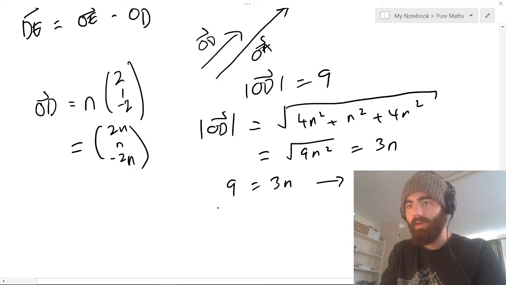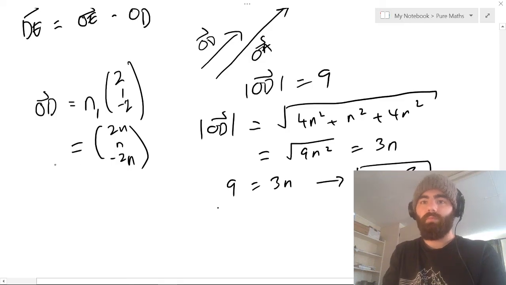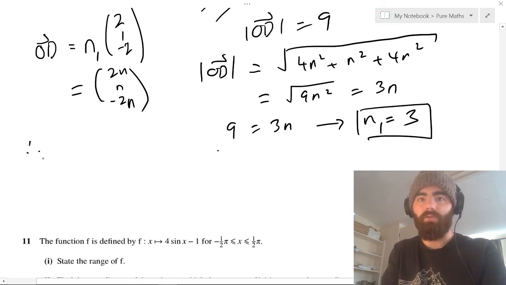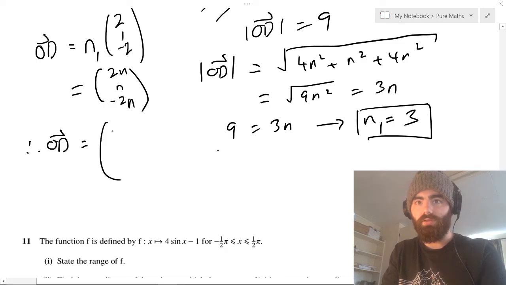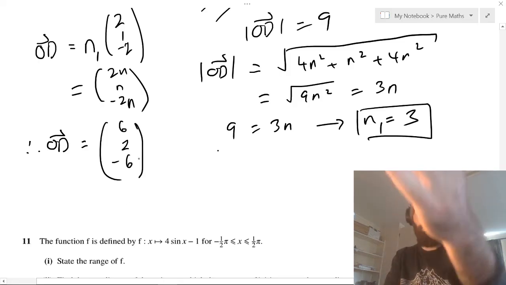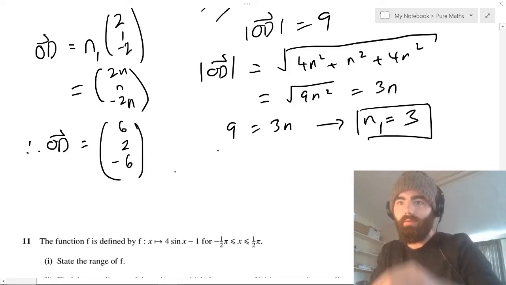So therefore our n equals 3. We can call it n1. So therefore our OD equals this thing times 3. So it's 3 times this, so it's just 6, 2, minus 6. And remember, if you just factor out a 3, you can see it's going to be in the same direction.